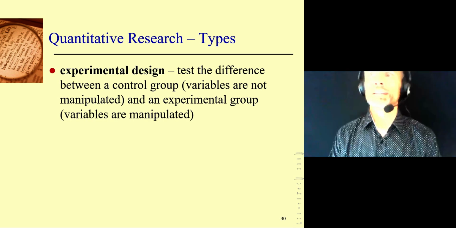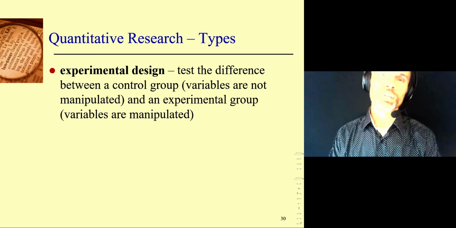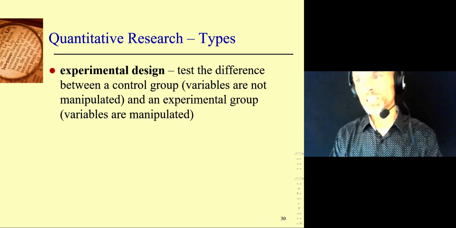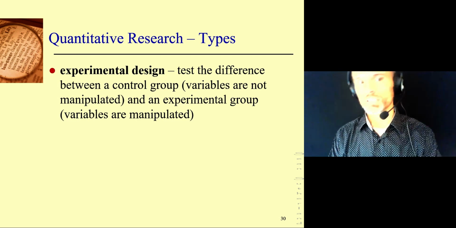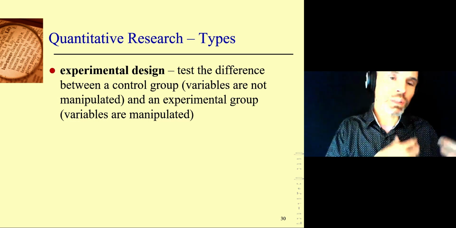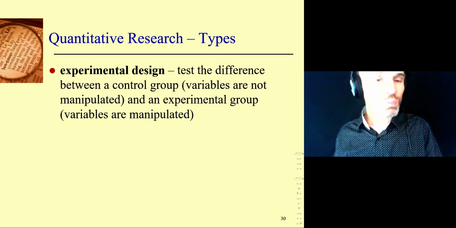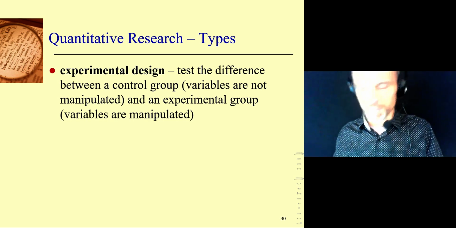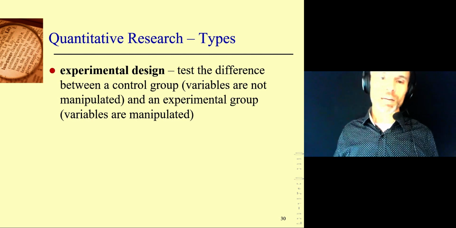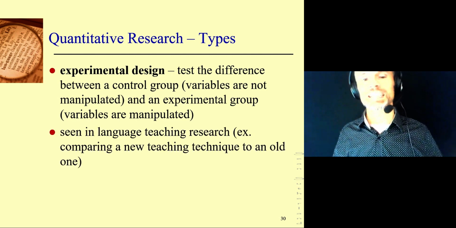For example, in teaching, you might want to see if a new method of teaching teaches people language more effectively. So you'd have one group, the control group, that continues to follow the usual program of study, and one group where you try some new program of study that you think may be better. Experimental design, right? As I said here, comparing teaching techniques, right?